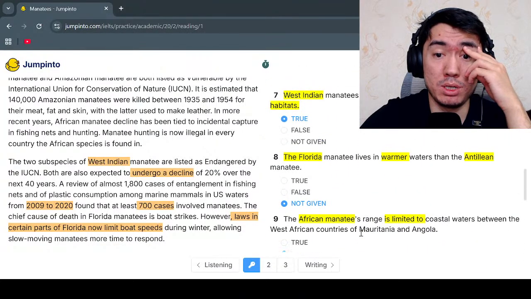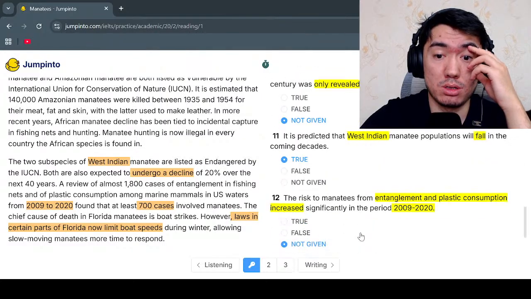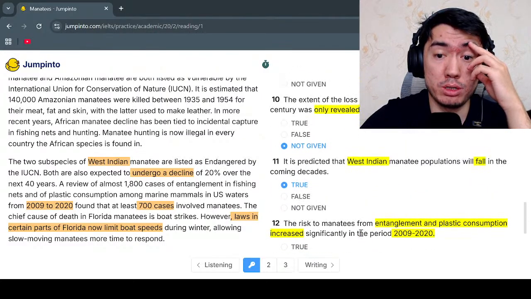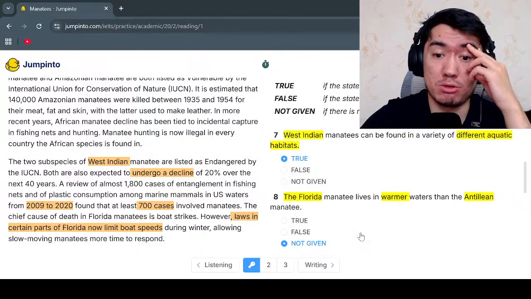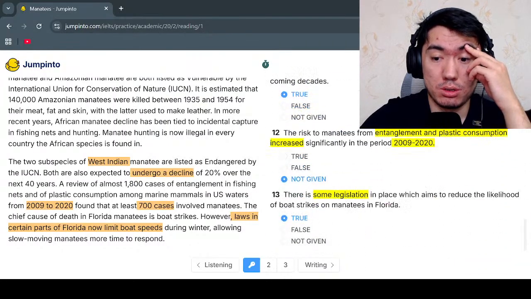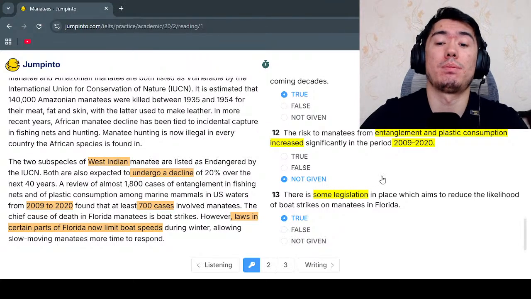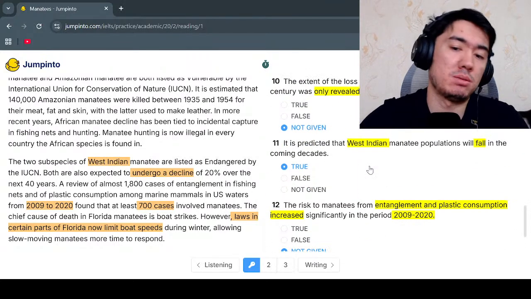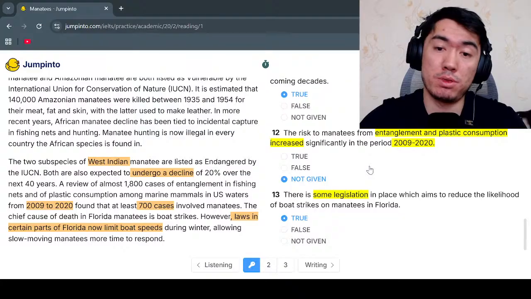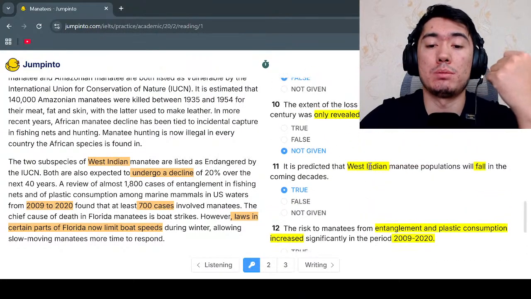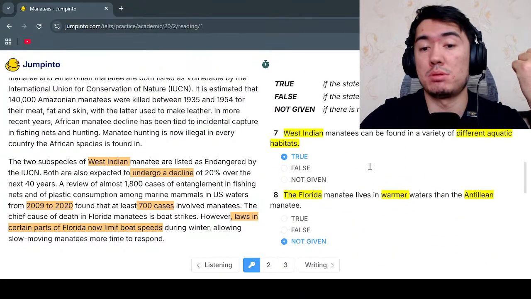Now let's count. I have 3 not given answers and 3 true answers and only 1 false answer. Is that a problem? It might be. So again, I might have to come back to this because the rule of thumb is, how many questions do we have? We have 7 questions.